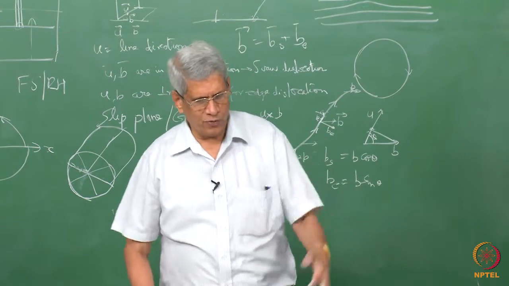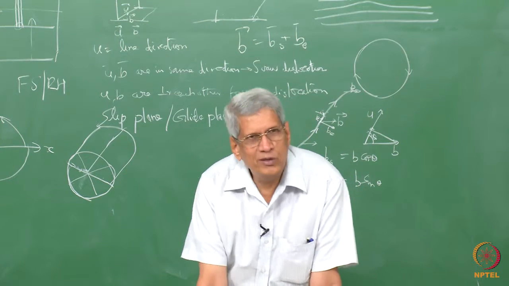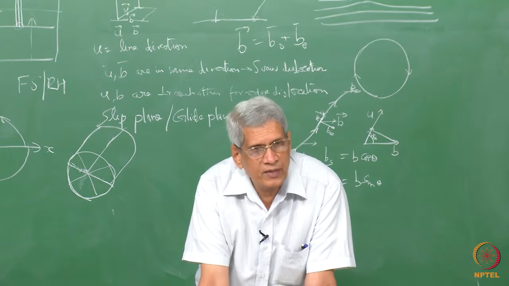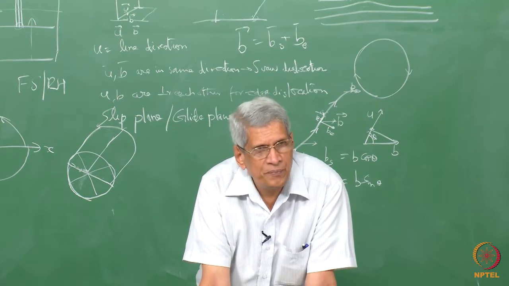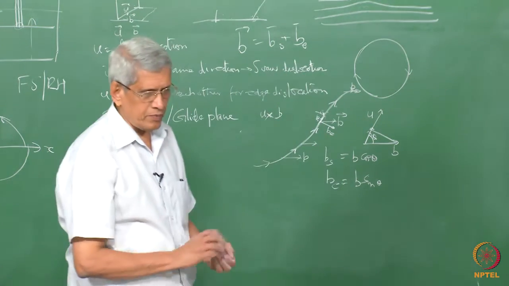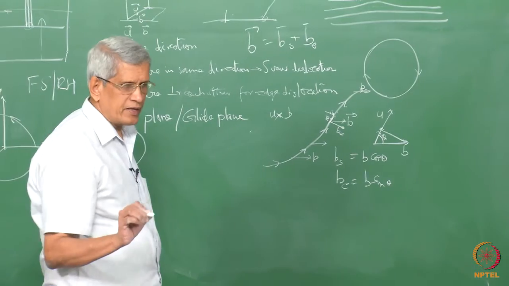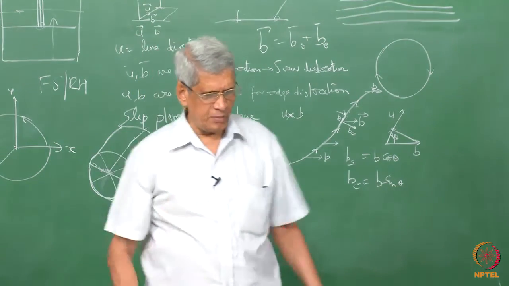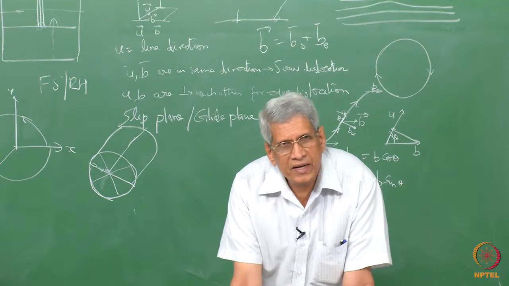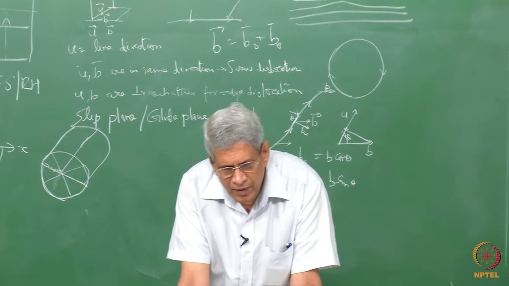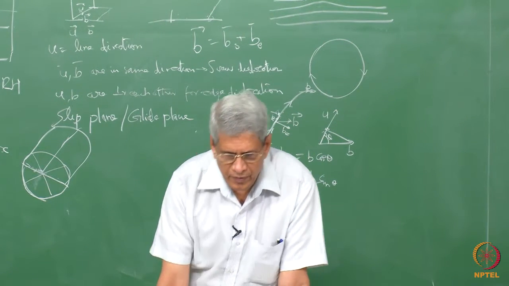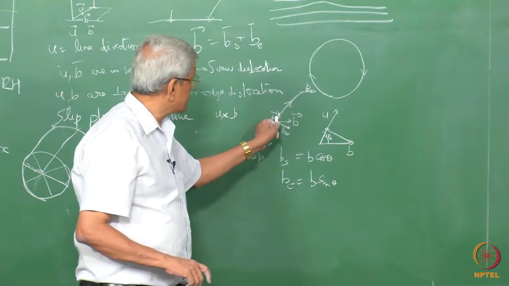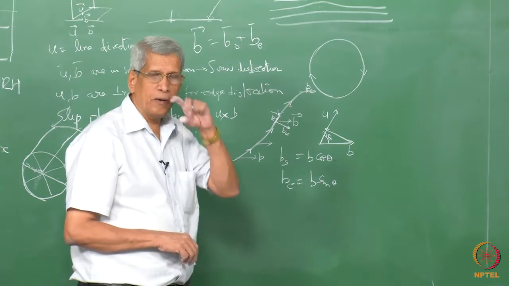Similarly, we have to define it for an edge dislocation also. What is done in the case of an edge dislocation? It's a little bit complicated, but it's not very difficult. b cross u, if you take it, what will it decide?